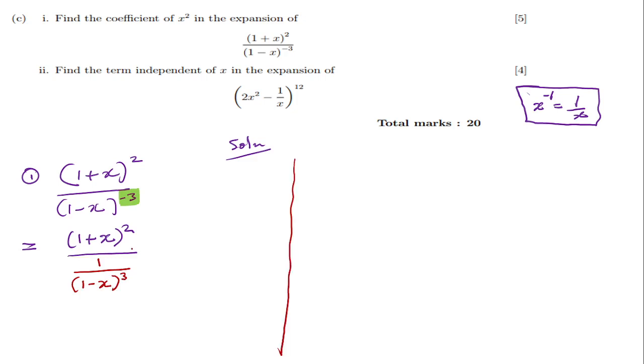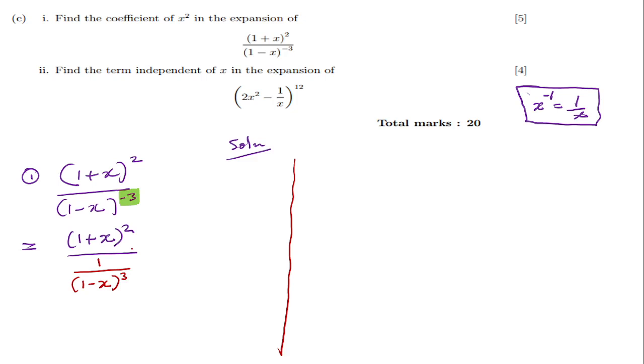Then, you know that 1 over x is the same as 1 divided by 1 over x, which is the same as 1 times x over 1, which is the same as 1 times x.